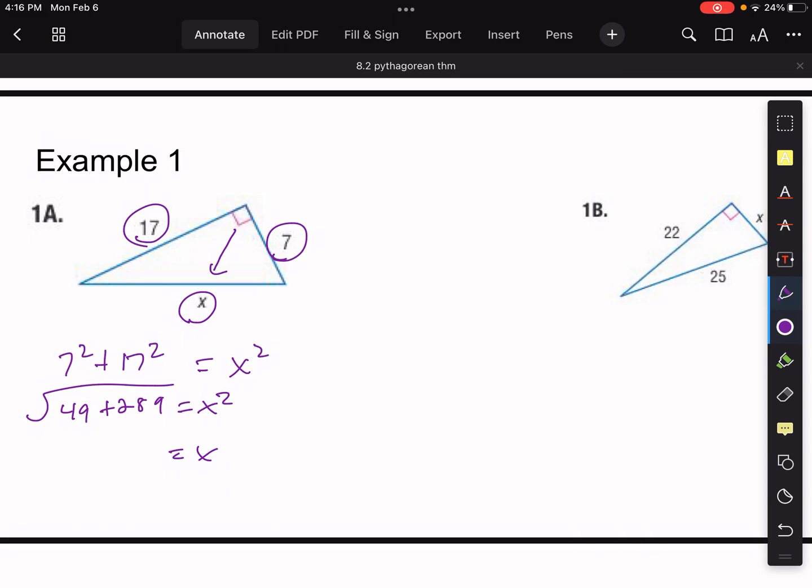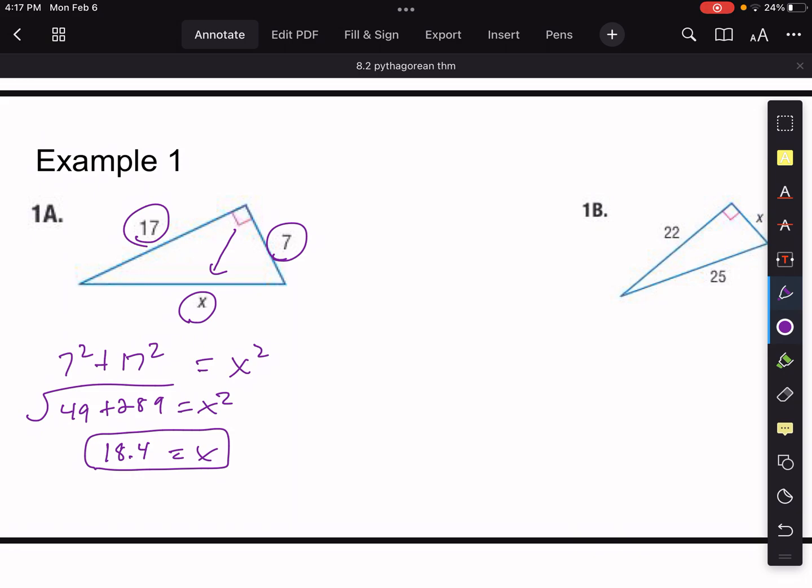And then if you take the square root of 338, you end up with like 18.4-ish, so 18.38. And they might want you to have it in radical form, so you could keep it in radical form and just reduce the radical. There's probably a perfect square in 338, but for the purposes of this, I'm just going to keep it in decimal form.